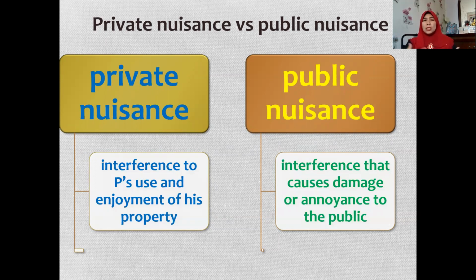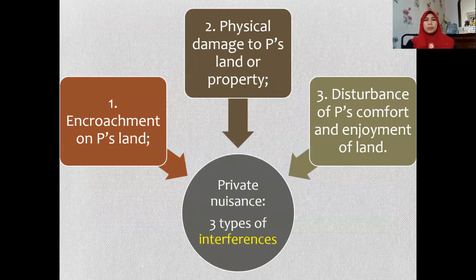So it relates to interference with the use and enjoyment of private property. Whereas public nuisance is interference which causes damage or annoyance to the public property shared by the public. So please get yourself clear and don't be confused with the differences between the two types, public and private nuisance, but both under nuisance.